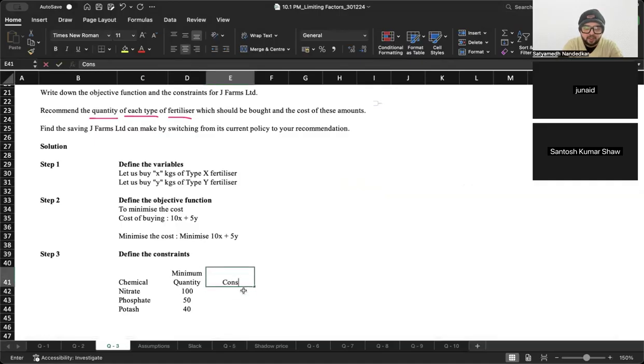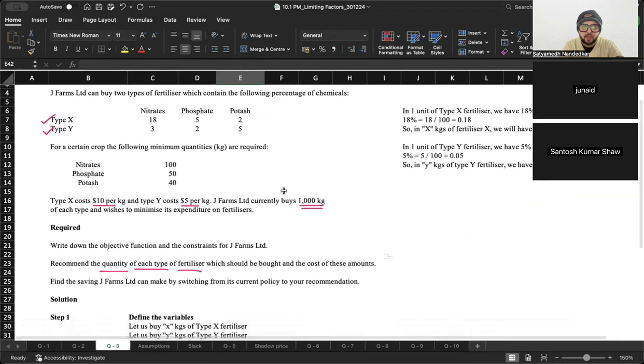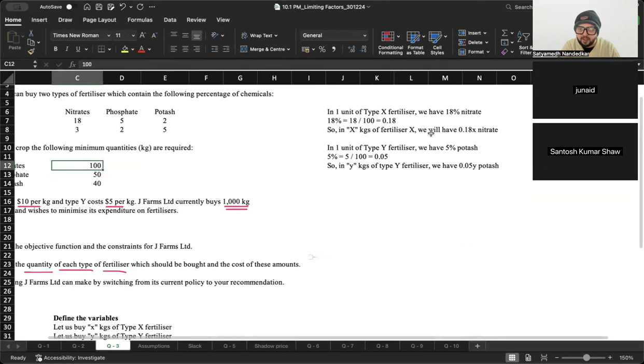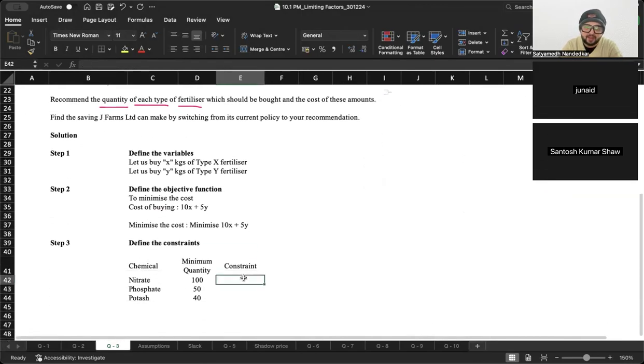Now let's try to plot the constraint. ठीक है. So 0.18 of how much nitrate do you need? You need minimum 100 kg nitrate. X kg में कितना नाइट्रेट है? 0.18x nitrate.